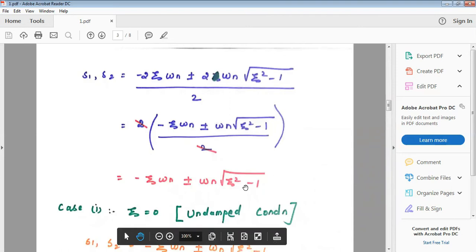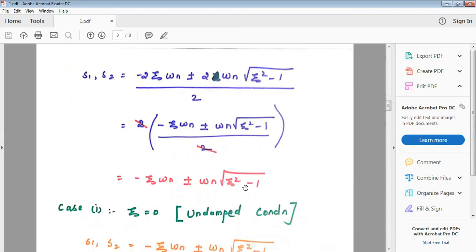Here we have 2 roots: S1 is equal to minus theta omega n plus omega n into root of theta square minus 1, and S2 is equal to minus theta omega n minus omega n into root of theta square minus 1.